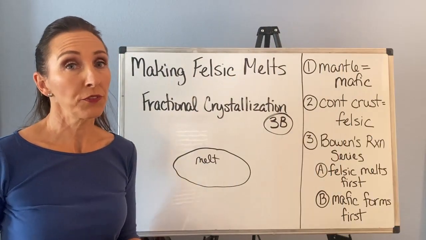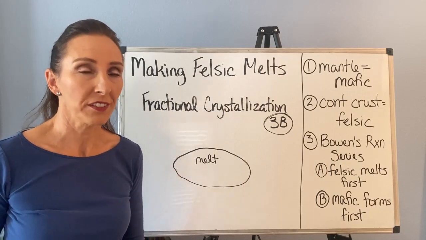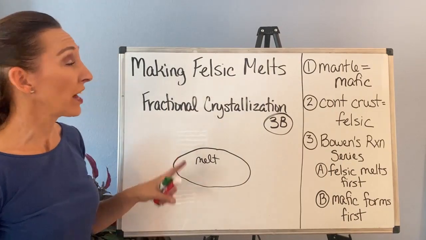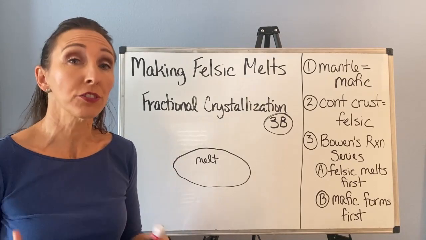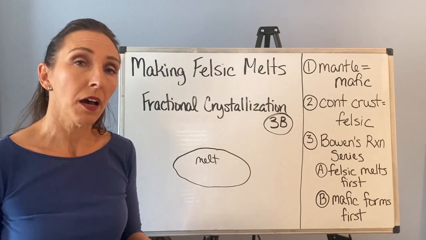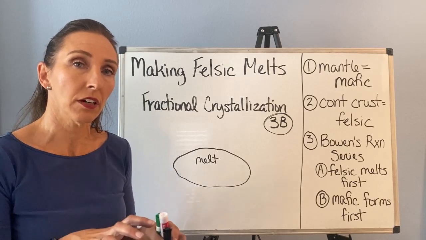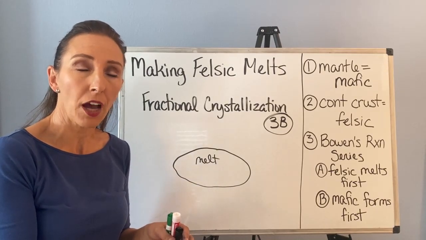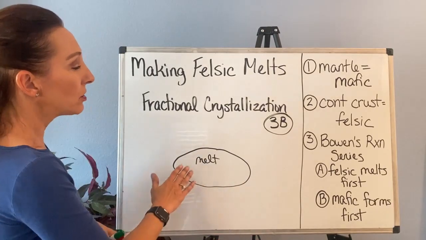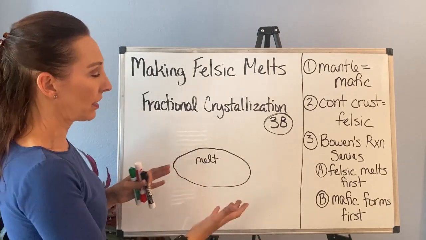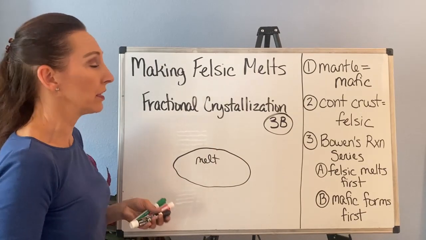Our third way to form a felsic melt, or more felsic melt, is to use fractional crystallization. This is just when you partially crystallize something, and it changes the composition. The solids will have one set of compositions, and then the leftover melt will have a different composition. This is our melt that we start with, let's say just something in between, in the middle.